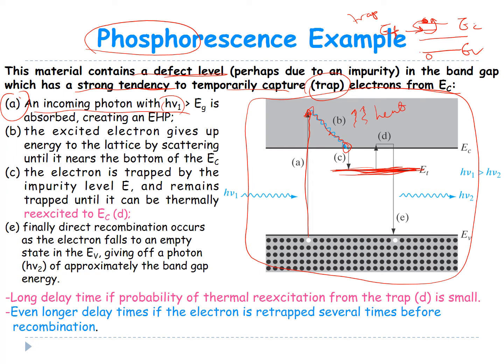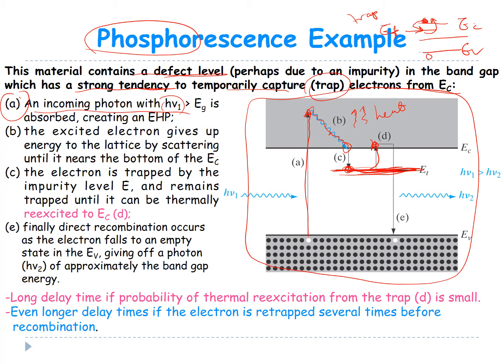And then when it reaches the bottom of the conduction band, the electron is trapped by this state here. And it remains trapped until it can be thermally re-excited to the conduction band. Now, when it is in the conduction band, two things can occur.